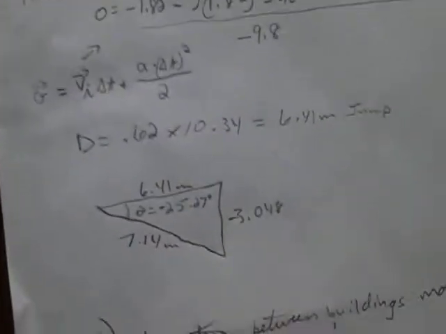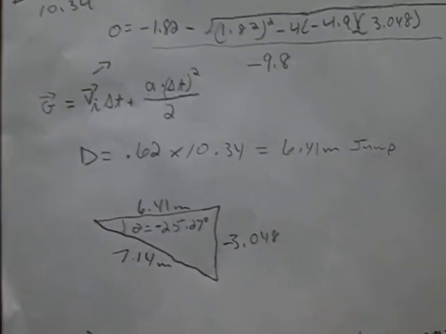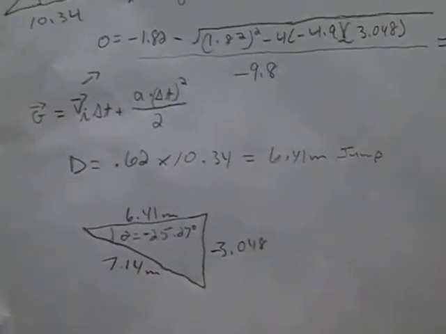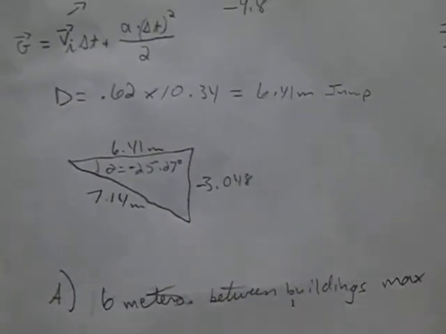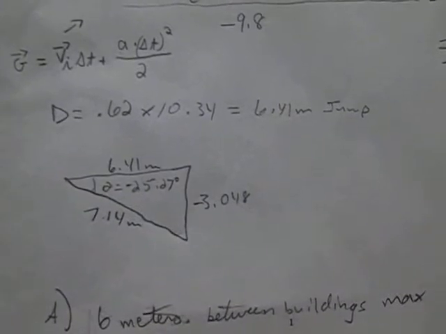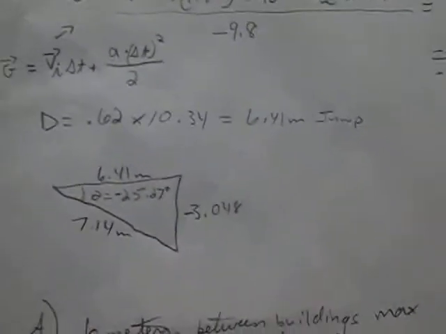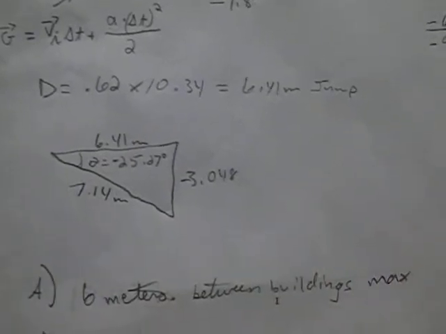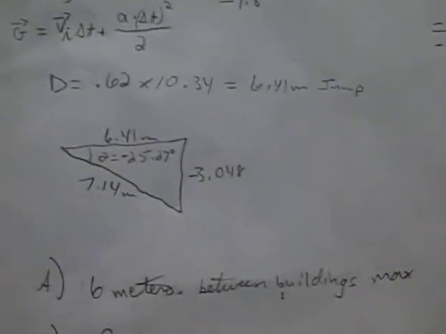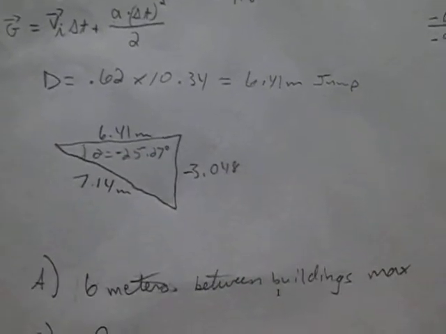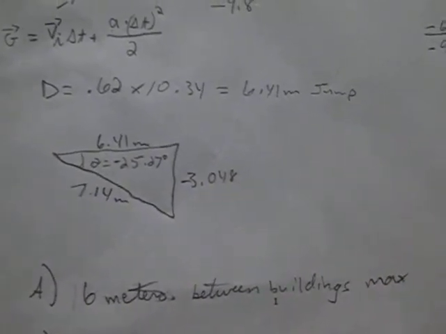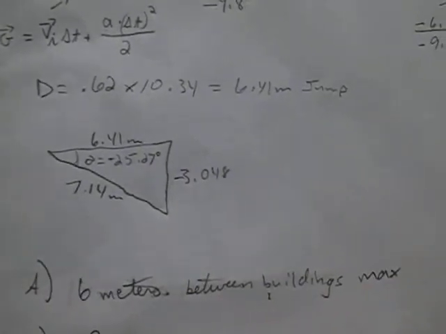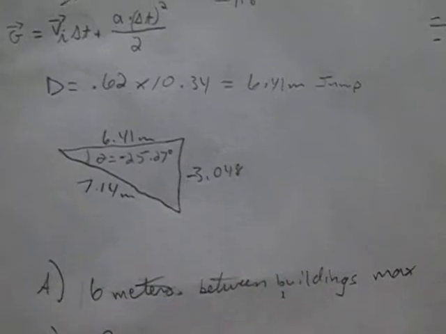And then this is how I came up with my magnitude as far as distance, or my triangle. I don't really know how to explain that. I converted my 10 feet from the top of the first building to the second building, came out to 3.048 meters, and because it's in the downward direction, I threw a negative on there.